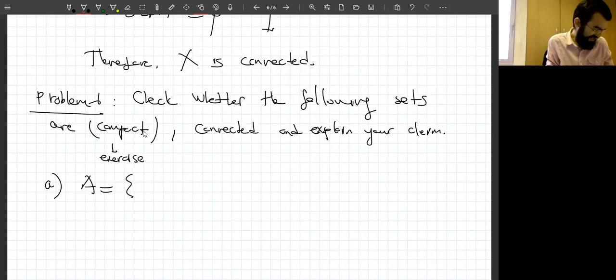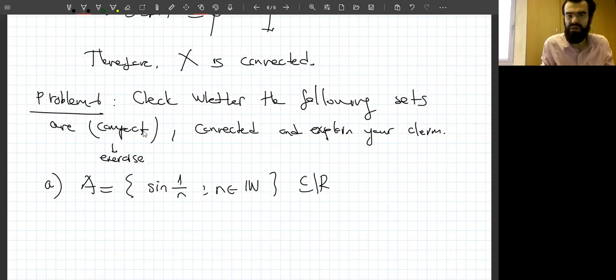Our first set is A, the set of sin(1/n), n in N. Okay, what is this? So this is 1. Let me draw some picture.